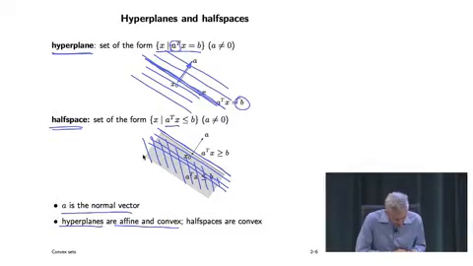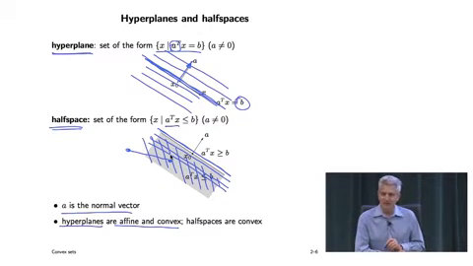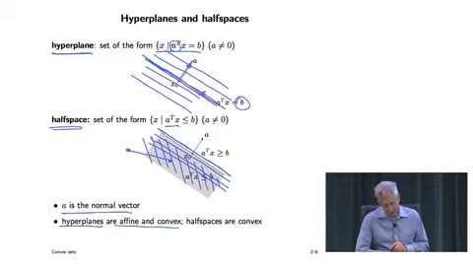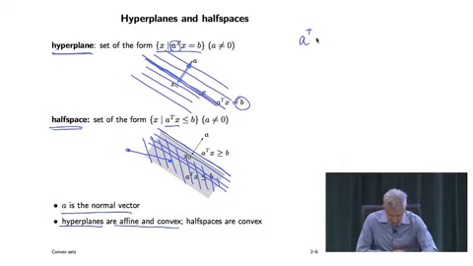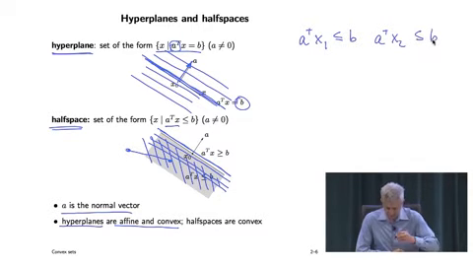Let's take a look at, for example, a half space. The question we have to ask is: if I take 2 points in a half space, is the segment between them in it? Geometrically, it's obvious, but we can do this algebraically. Suppose that a transpose x1 is less than or equal to b, and a transpose x2 is less than or equal to b. That means x1 and x2 are in the half space.